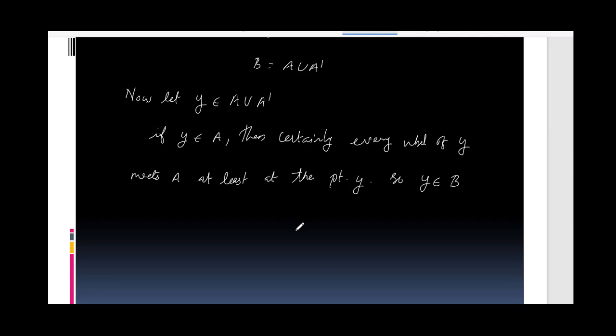Now if y belongs to A dash, by the definition of accumulation point, every neighborhood of y contains a point of A other than y.